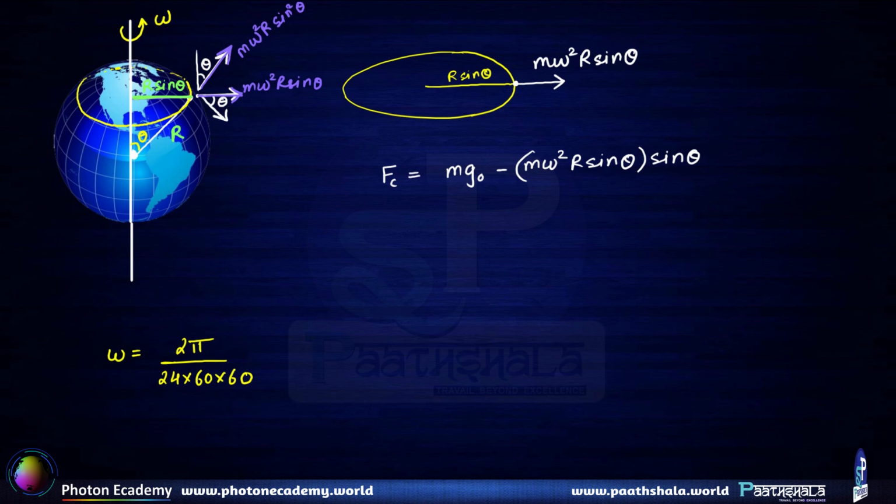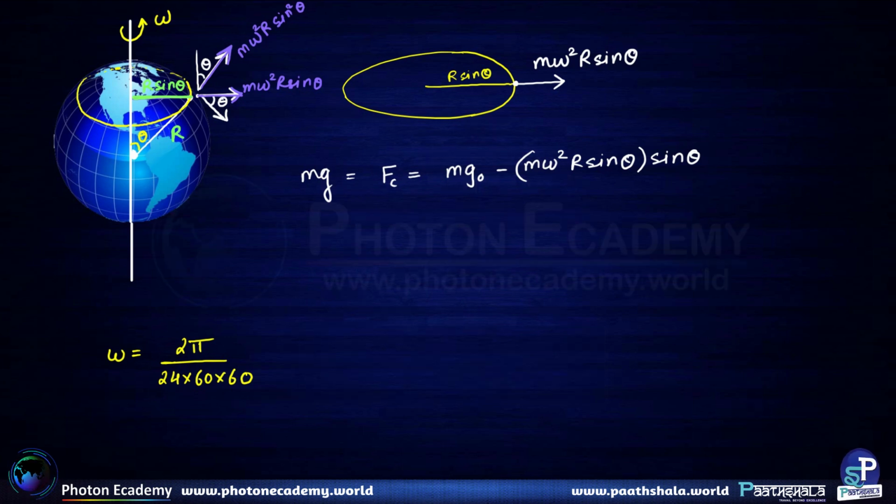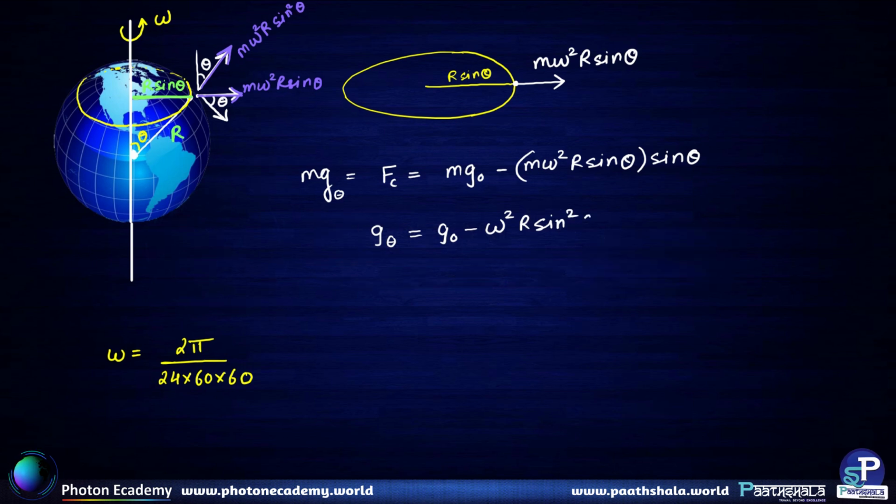Now if I were to find out acceleration due to gravity at that point, then I can say this force happens to be equal to mg. So cancelling out m from the entire equation, g theta is going to be effectively equal to g naught minus omega square r sine square theta.